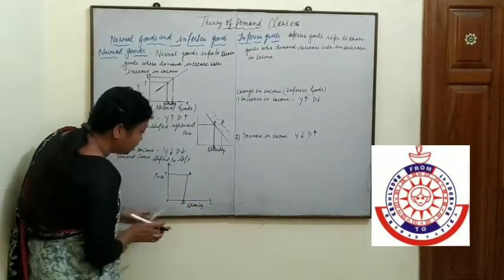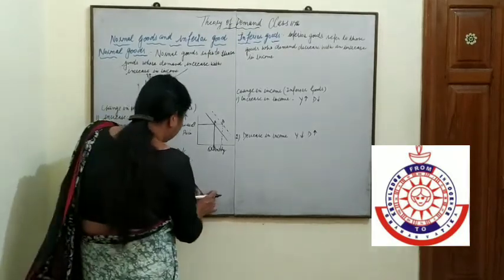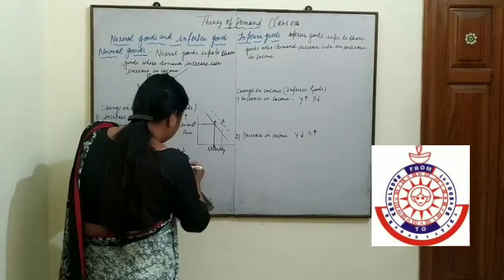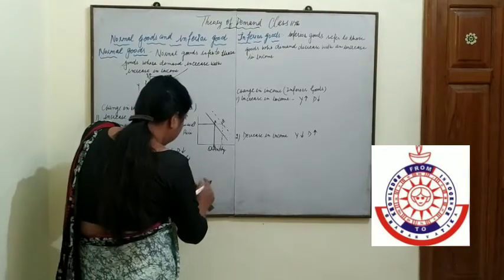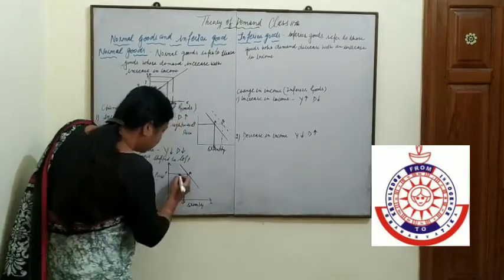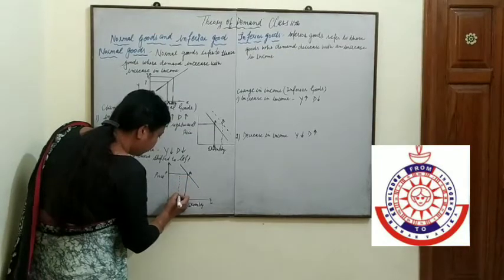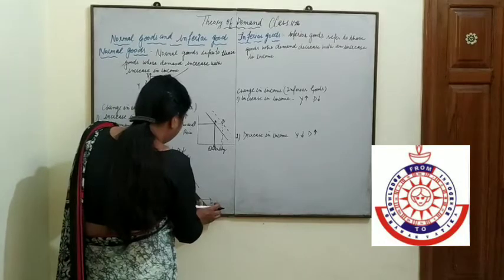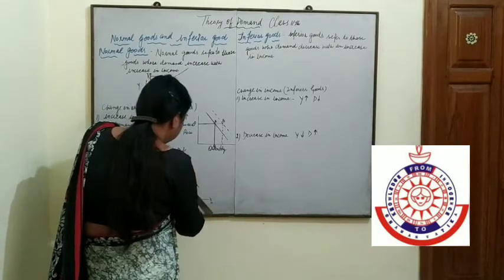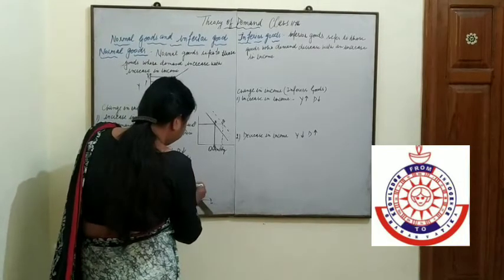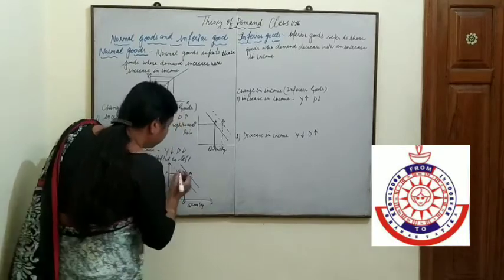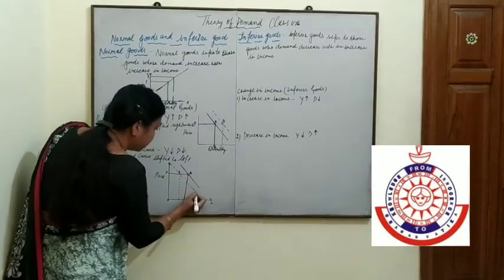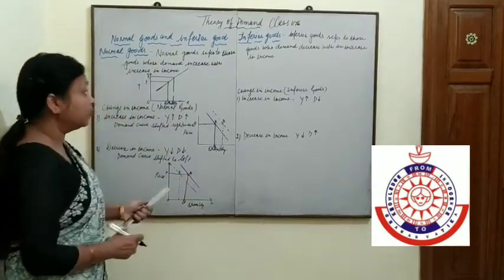If income is decreased, we are demanding less of normal goods, so we are shifting to the leftward due to decrease in income. This is our B point. This is our new demand curve.